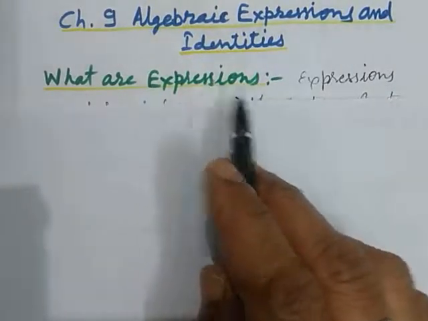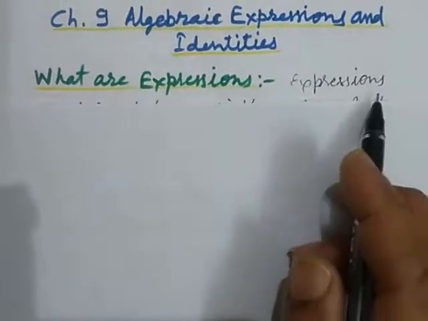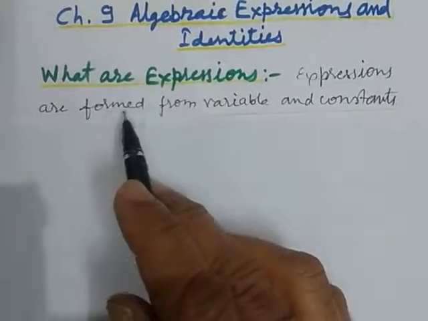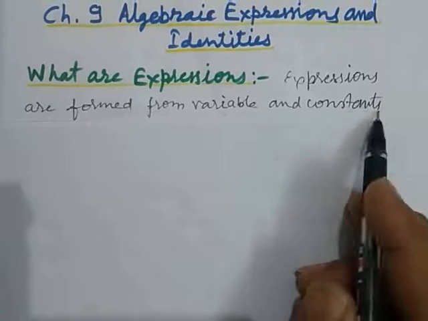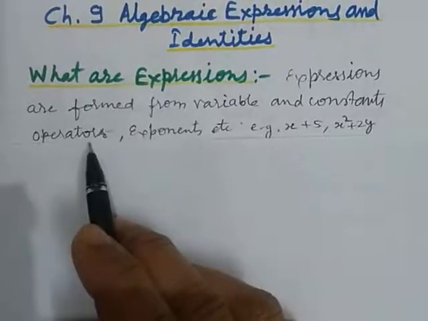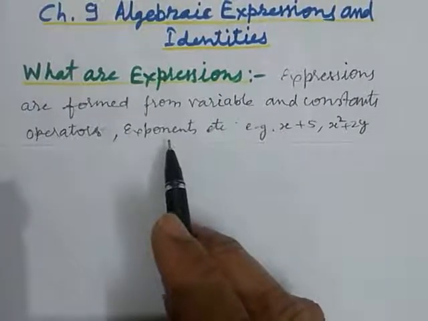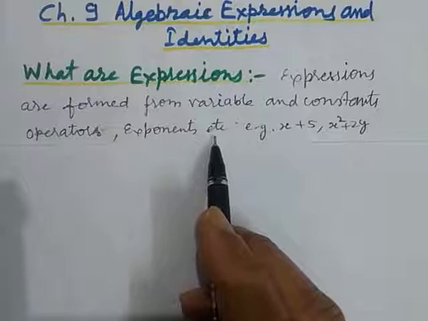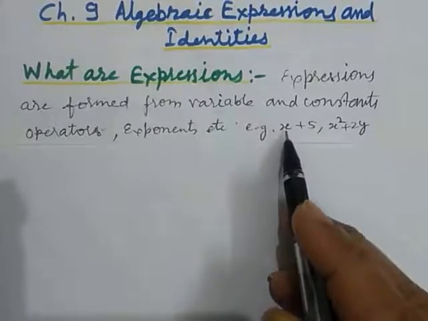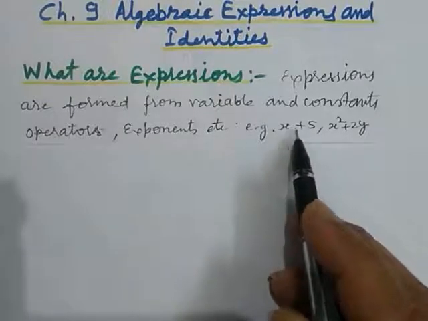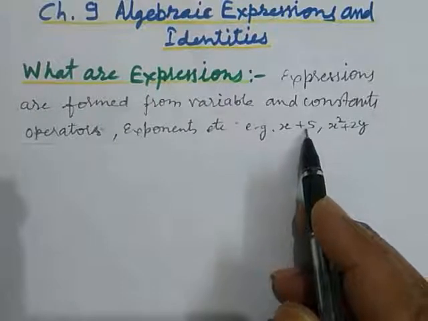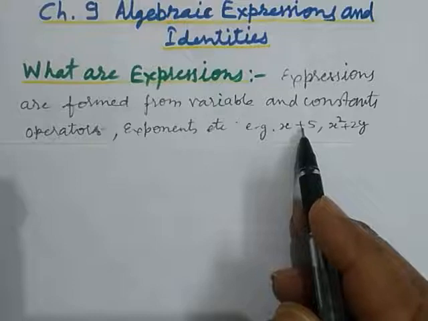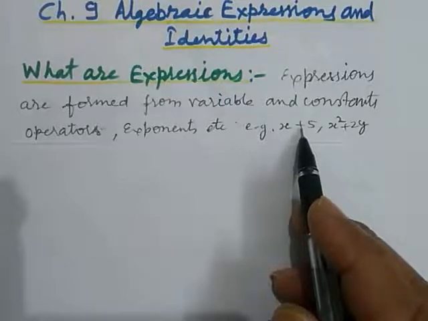What are expressions? Expressions are formed from variables, constants, operators, exponents, etc. Like this, here x is a variable, 5 is a constant, a numeral is also a constant, and this plus sign is the operator.